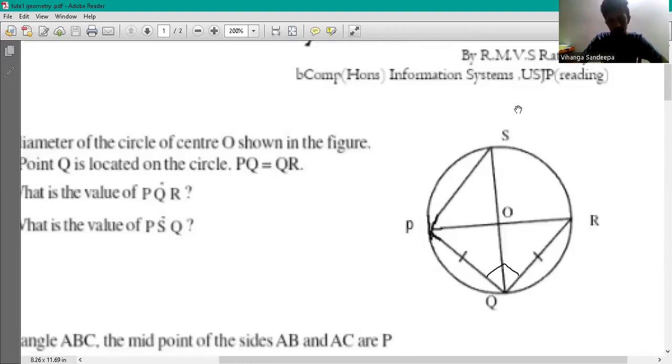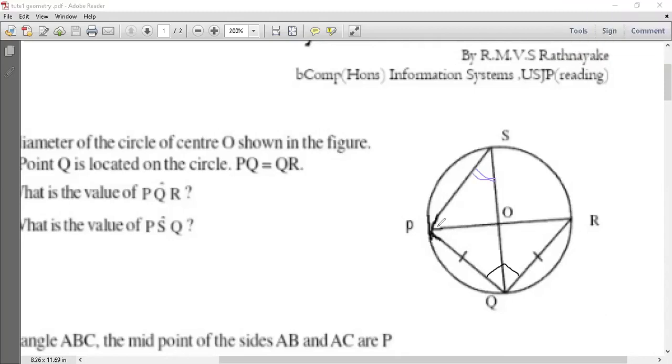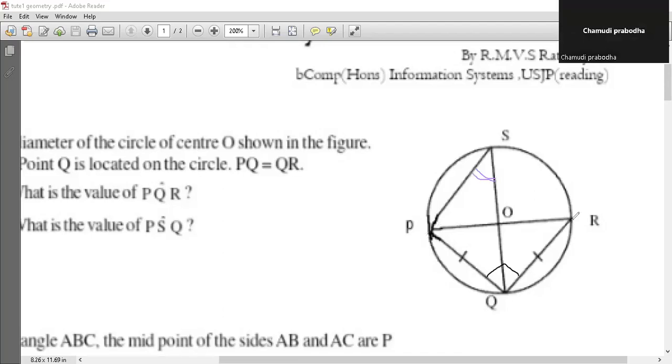So we have denoted angle PSQ, this angle. So before we find the value of the angle PSQ, we have to get the value of the angle PRQ.